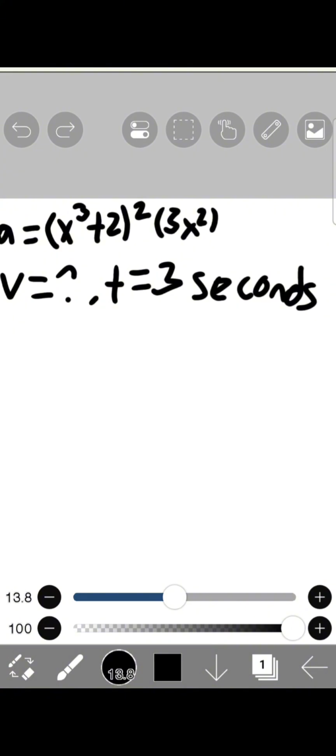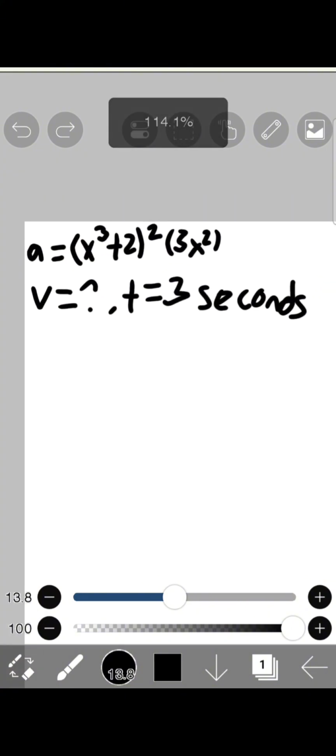So now we're talking about physics. As we all know, velocity is the total accumulated change of acceleration. Or in other words, acceleration is the derivative of velocity over time. Oh wait, no. Acceleration is the derivative of velocity.